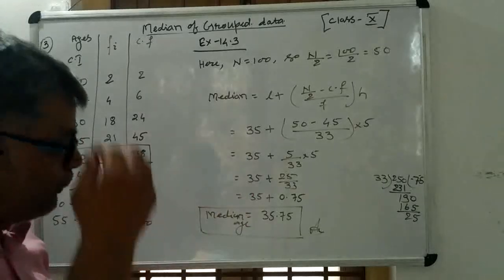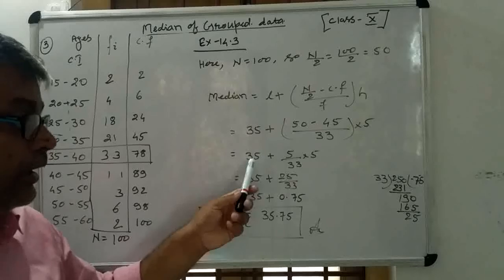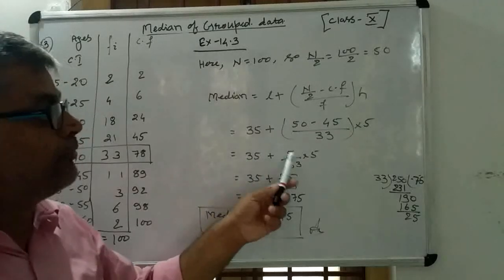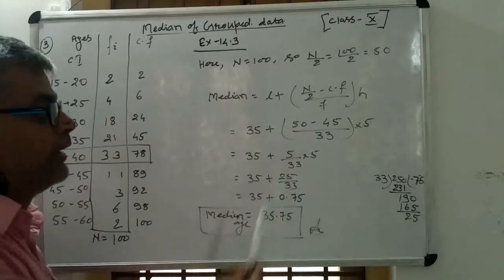So when we put all these things in and simplify, we have 35 plus 5 into 5 by 33. So 35 plus 25 by 33.